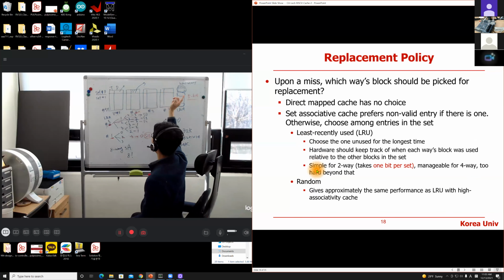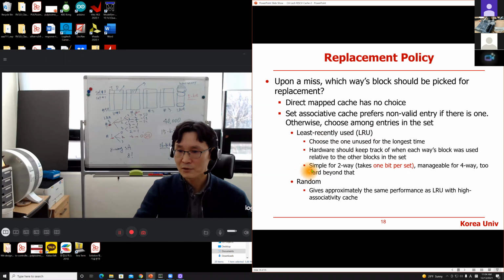Okay, random, I want to pick this guy. And if you measure the performance by running many different benchmark programs, LRU actually is the best, but the difference between LRU and random is not that big. So random is okay to use.